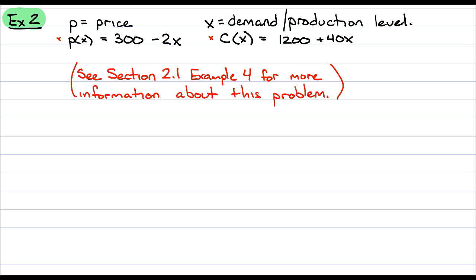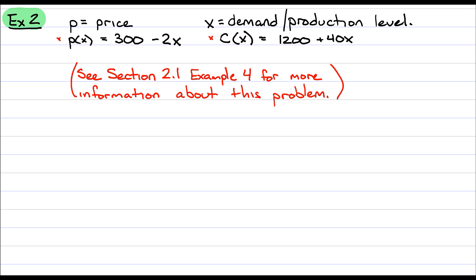We plugged specific numbers into them and found out the profit and or the revenue at certain production levels. Well now we're going to push that just a little bit further and start trying to figure out how we can see where the maximum revenue and the maximum profit occur.